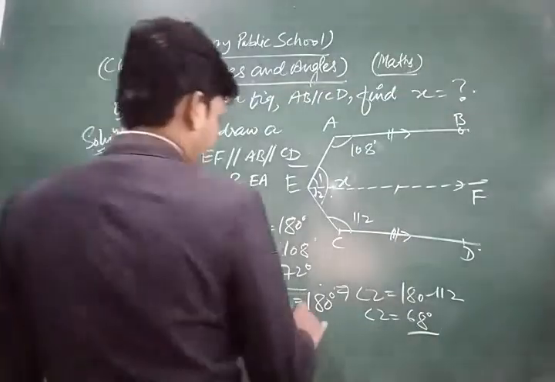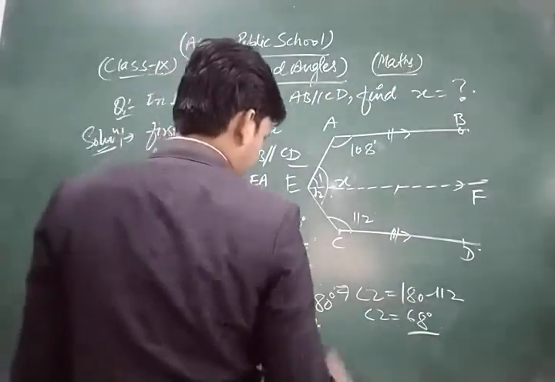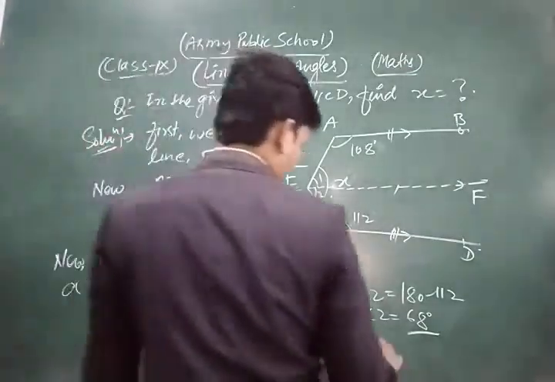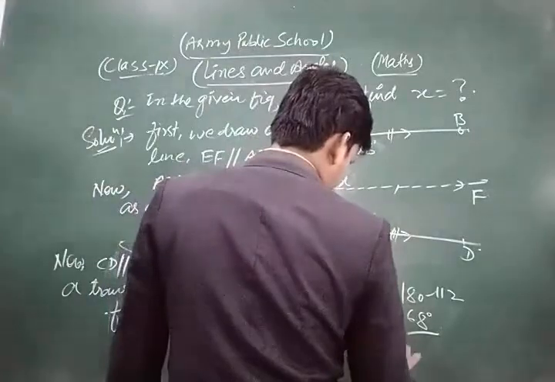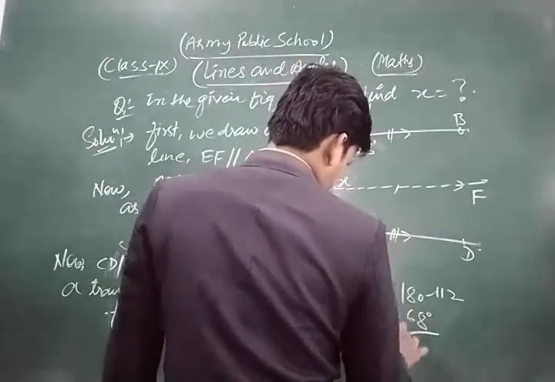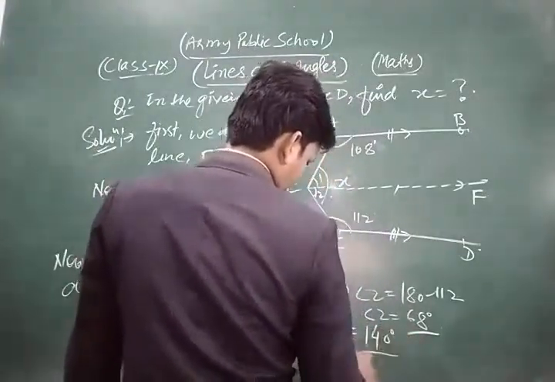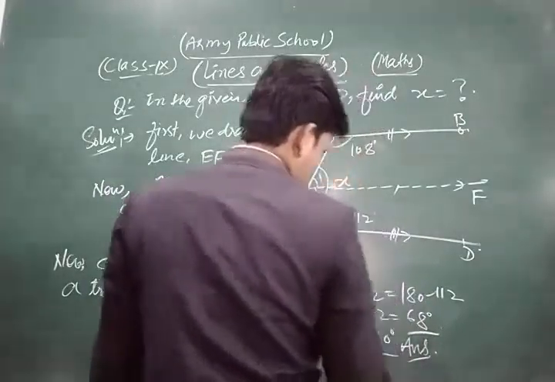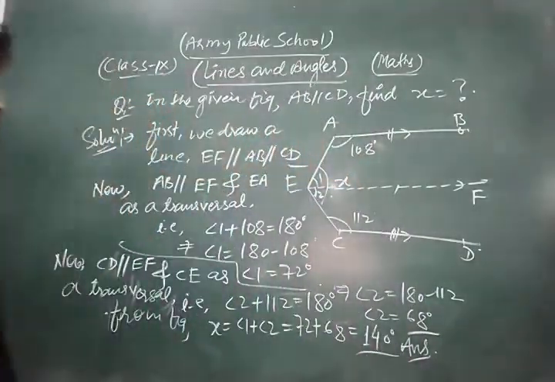So 72 plus 68, we get 140. This is the required solution of the given question.